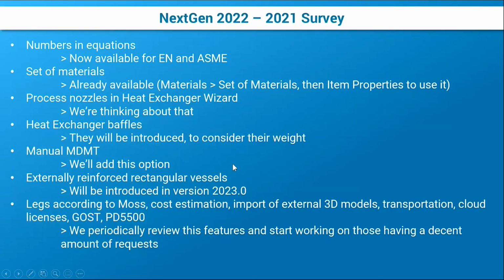Let's see what else we have. You asked to add the process nozzles in the heat exchanger wizard. This gets asked from time to time, so we are thinking about that, at least for the process nozzle inlets and outlets. Maybe you will find it in one of our upcoming versions. This is something that our customers that use the STEMEC program from us have already seen, and now we are thinking about adding it to NextGen 2.